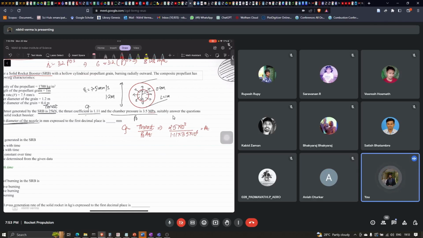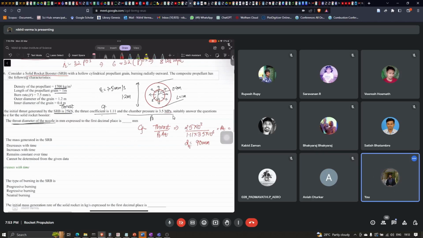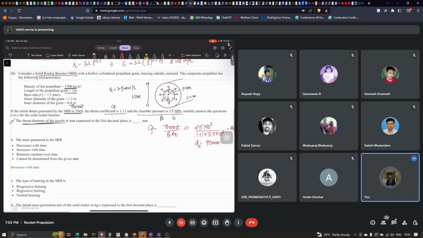Now the area is just equal to pi d square into 0.25. If you calculate the diameter of the throat, you will get 90 mm. Okay, so this part is clear, right?